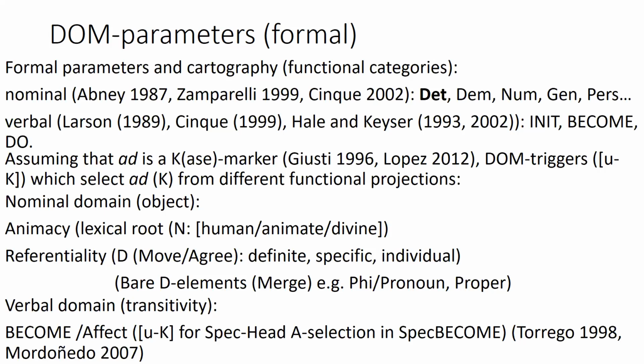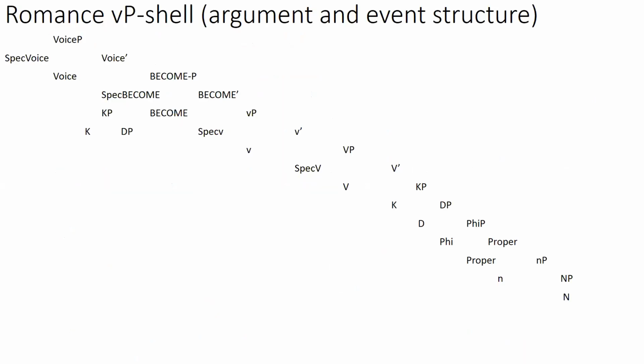because it denotes change of state, as we saw on the previous slide. All right, so if we're trying to map this out on the Romance VP shell, let's go from the top. First of all, Become. The affectee is in the specifier, in the 'a' position of Become, which denotes transitivity, effectiveness, kinesis, etc. We can also put a uK feature here, which selects K in its specifier position.